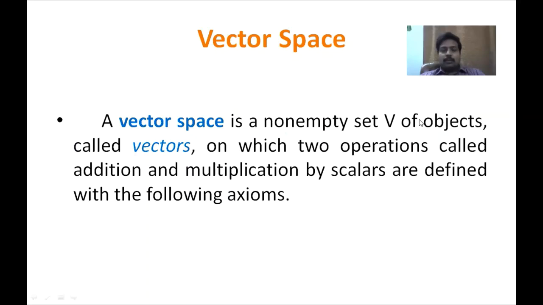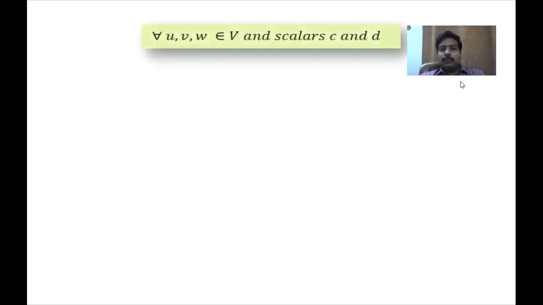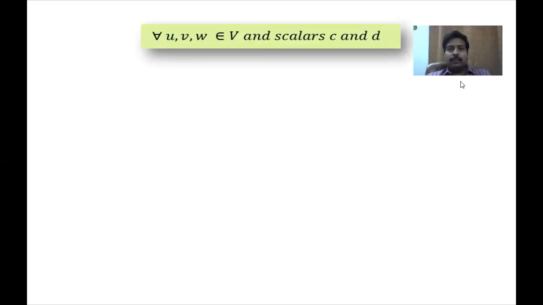Let us quickly go through the vector space definition. A vector space is a non-empty set V of objects called vectors on which two operations called addition and multiplication by scalars are defined, satisfying the following 10 axioms. For all u, v, w belonging to V and scalars c and d, we need to have the following 10 properties. This is the first one: u plus v belongs to V, the closure property with respect to addition.